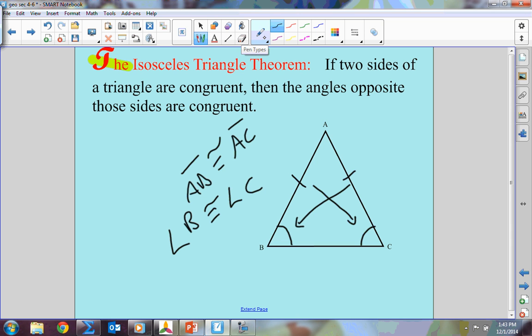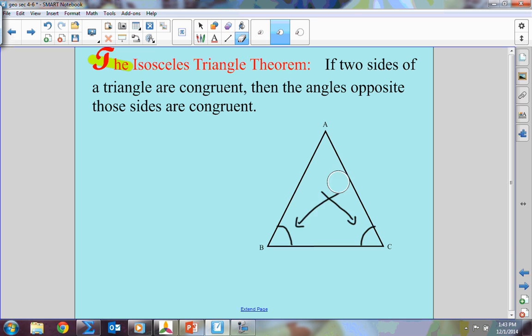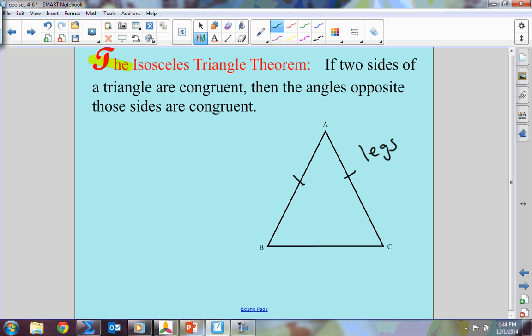Now, sometimes I forget to tell people about the parts of an isosceles triangle. So let's go over that real fast in case it doesn't come up again, which it probably will, but we'll do it anyway. I designated these two to be the same. These are called legs. The congruent sides are called legs.